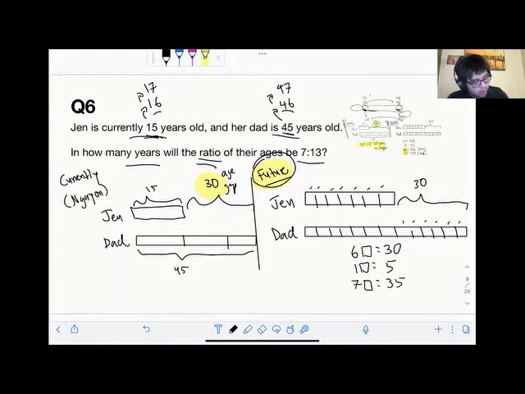At makakompute din natin yung kay dad, 13. So 13 boxes, 5 times 13, 65. At yung tanong ng in how many years will the ratio of their ages be 7:13?